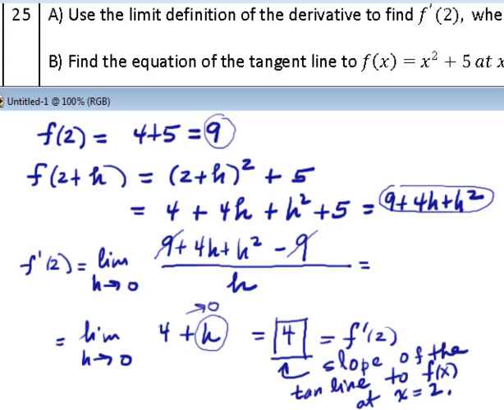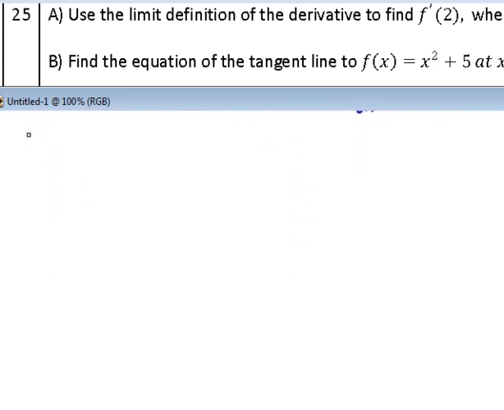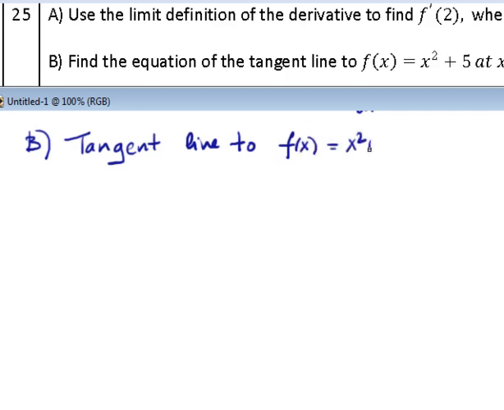So you see, in the next part of this question, we want to find the equation of the tangent line to f of x at x equal 2. Okay, so let's look at part B. We have the slope. So now we want the equation. So we want the tangent line to f of x equal x squared plus 5 at x equal 2.